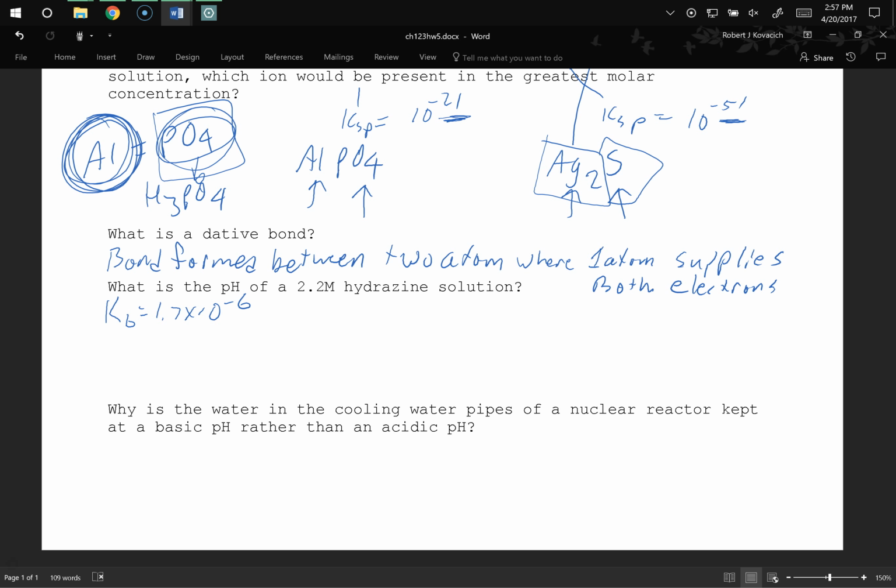So I can still use the same formula, right? So it'll be x times x divided by 2.2 equals this 1.7 times 10 to the minus 6th.